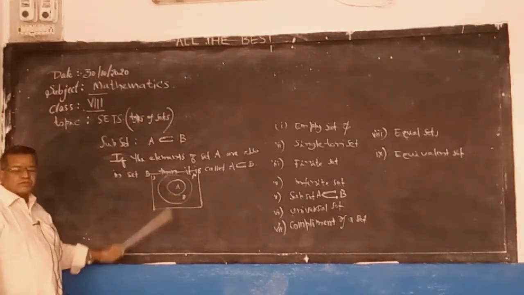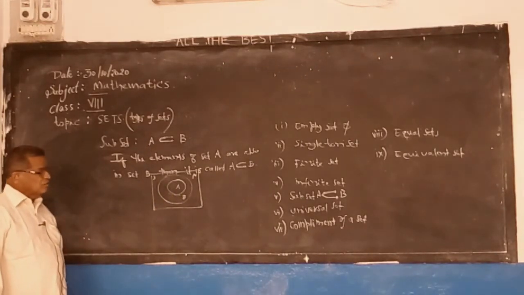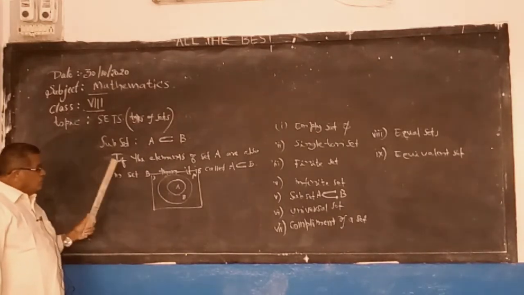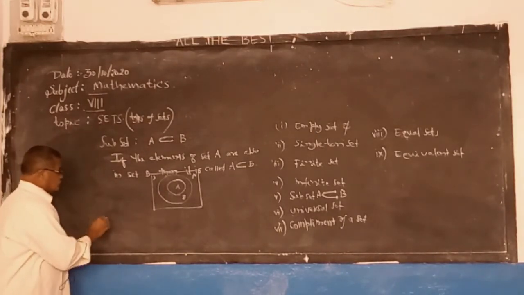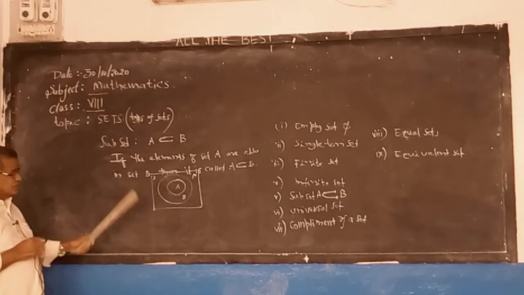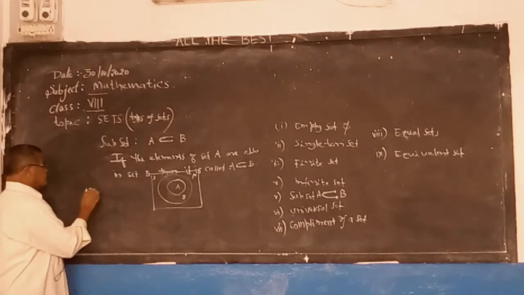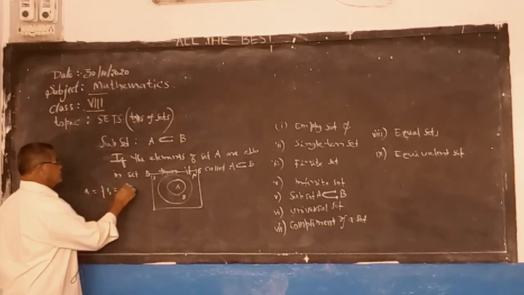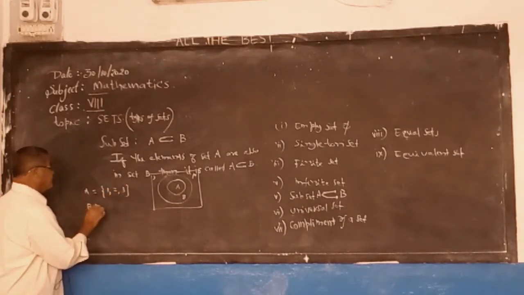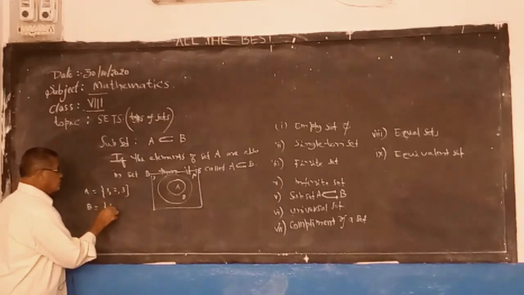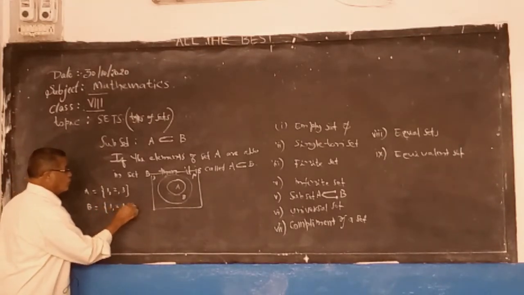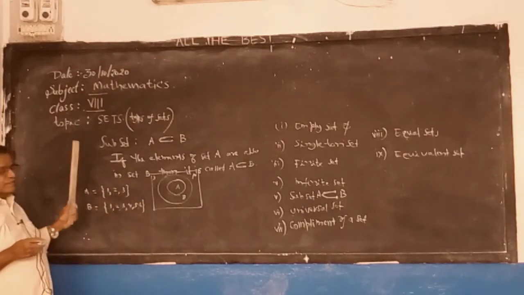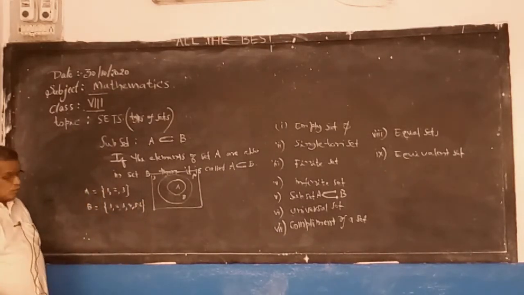Then B is called a superset or universal set. Okay. Now, this is the subset. You can also write the example A as 1, 2, 3 and B, subset. Okay.